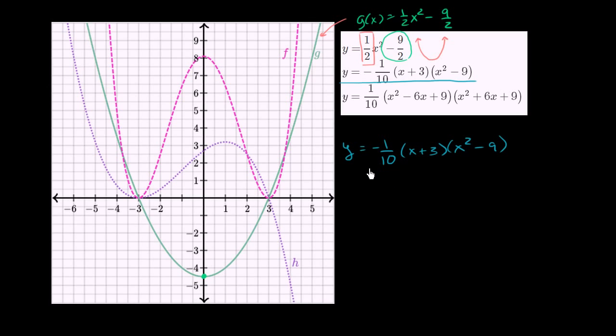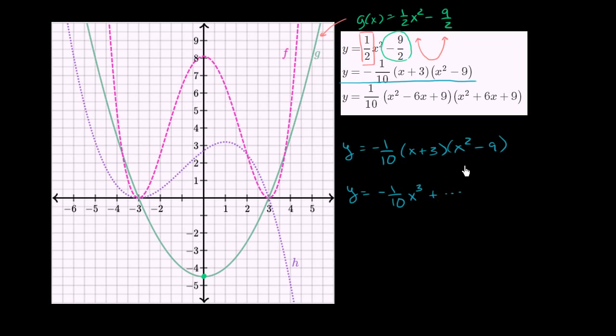So the highest degree term is going to be negative 1/10 times x squared times x. So this is going to be y is equal to negative 1/10 x to the third power. Then you're going to have a bunch of other terms in there.